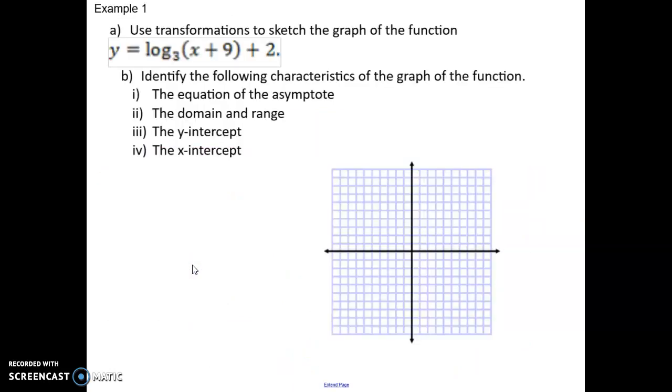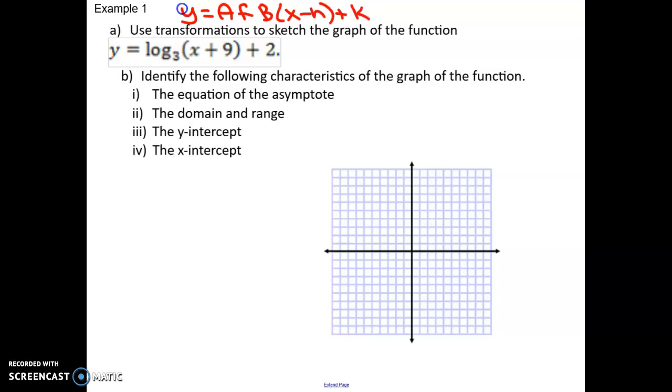Alright, so when we're graphing this function, we need to always start by thinking, okay, what's my a, my b, my h, and my k? Now remember that function transformation notation was a f(b(x minus h)) plus k.